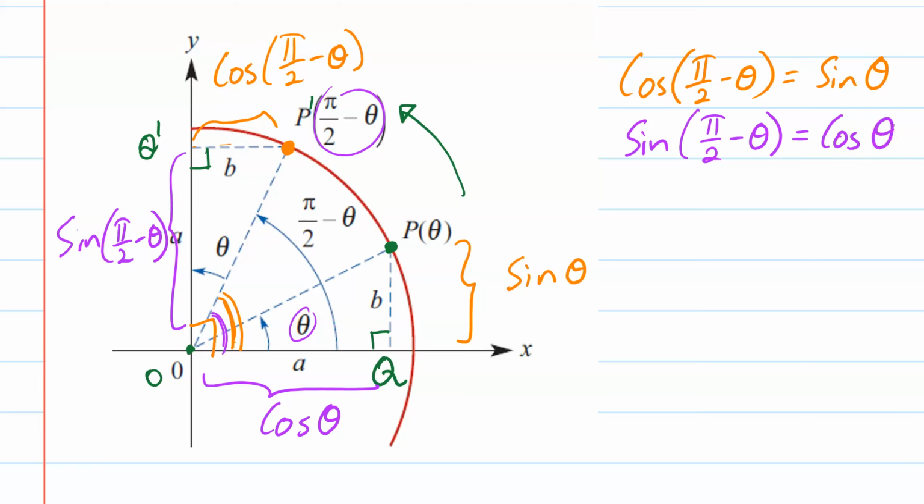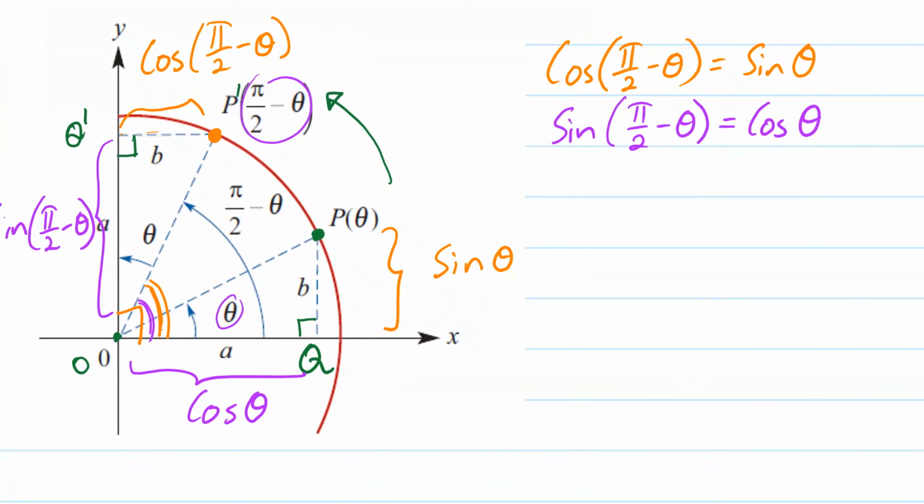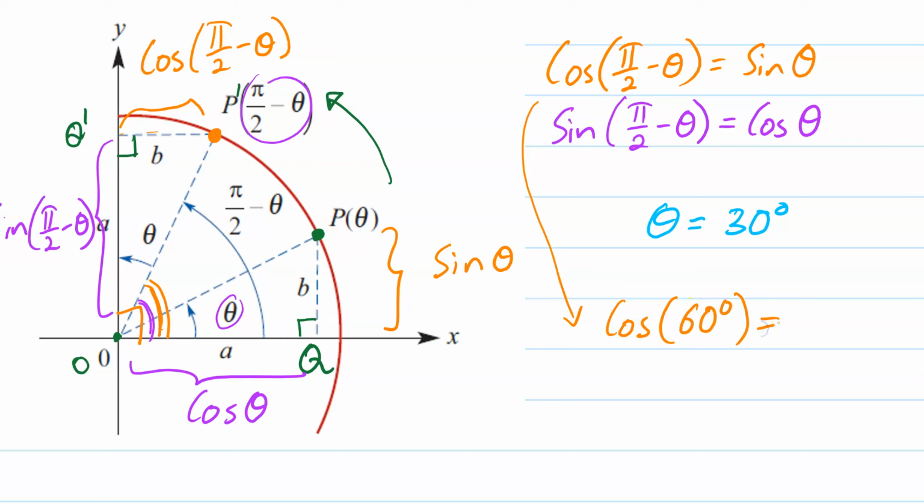How do we think of this in more of a number sense? Let's say theta is equal to 30 degrees. Using the first one, cos of 90 minus theta: my theta is 30, so 90 minus theta is 60. That is equal to sine of my theta, 30.